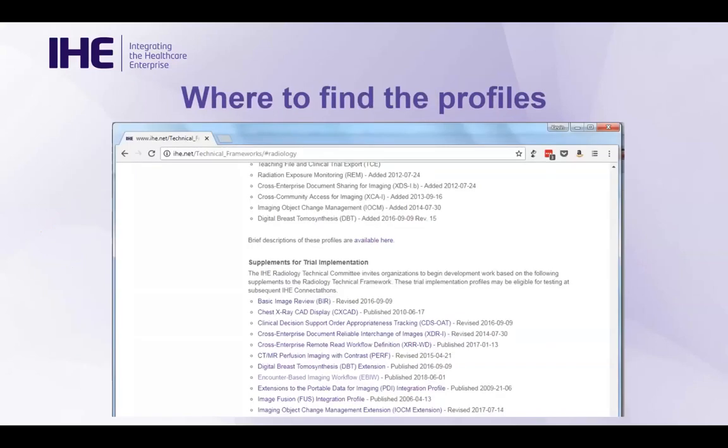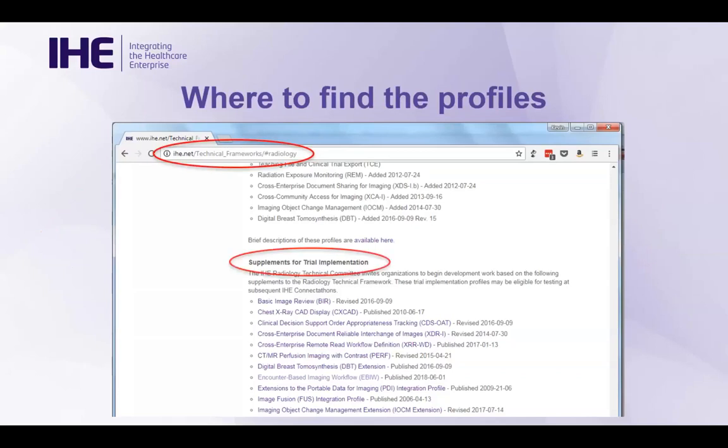So again, just to reiterate, you can always go to the IHE website, go to the technical framework, and you'll see all the different domains. If you go to the radiology domain, then you'll see our new supplements as well as the existing technical framework with many of the well-established profiles.